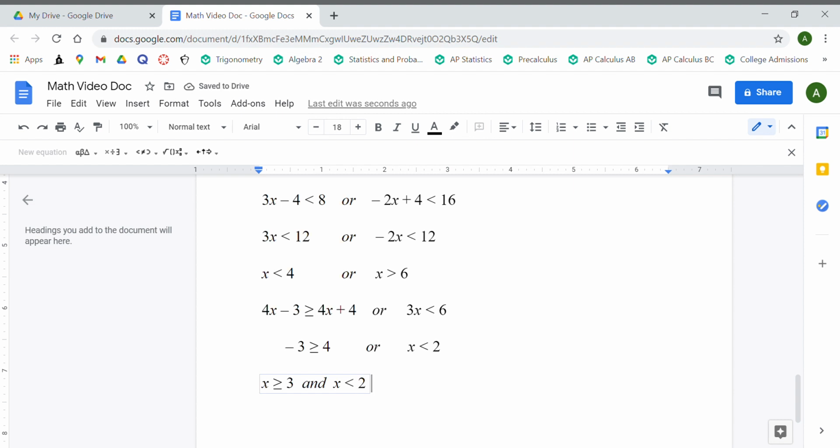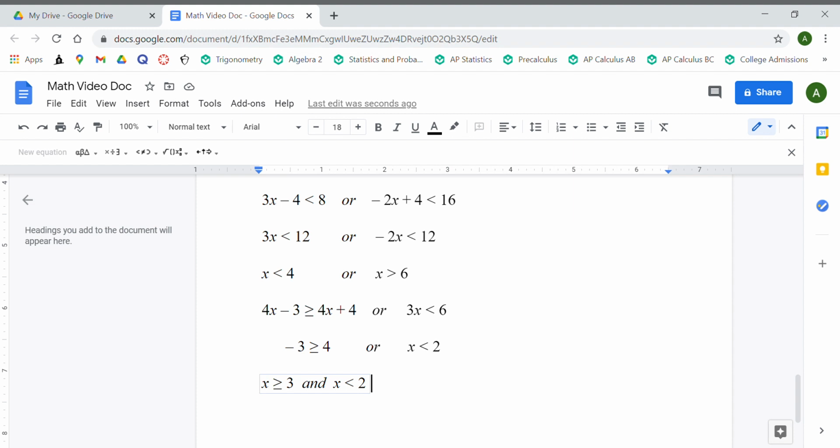Alright, do you think you can graph this? No, you can't. Because x has to be greater than or equal to 3. But it also has to be less than 2. But 3 is greater than 2. Do you really think you can graph that on the number line? No, you really can't.